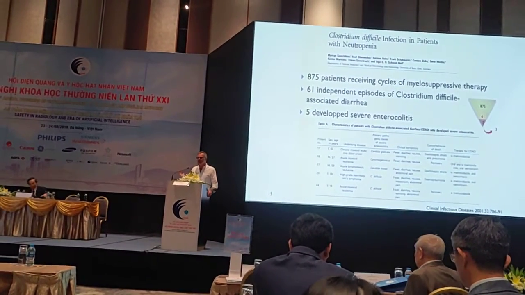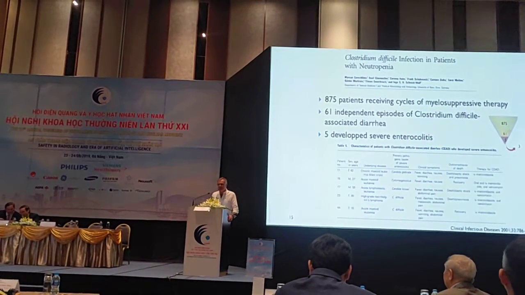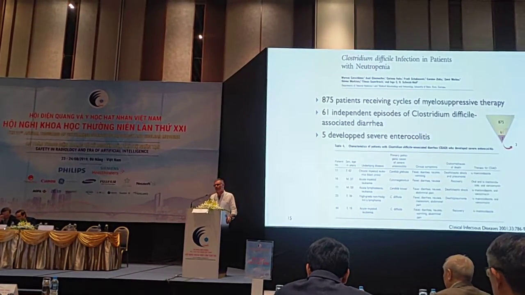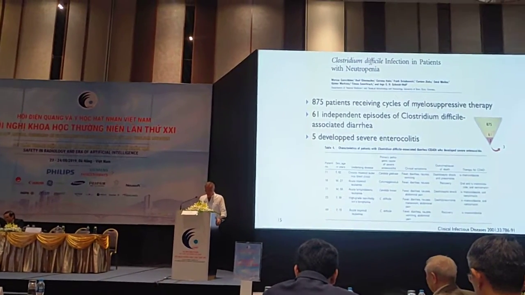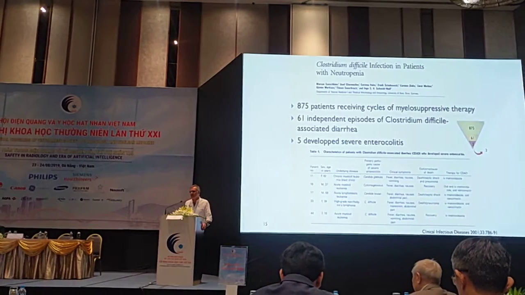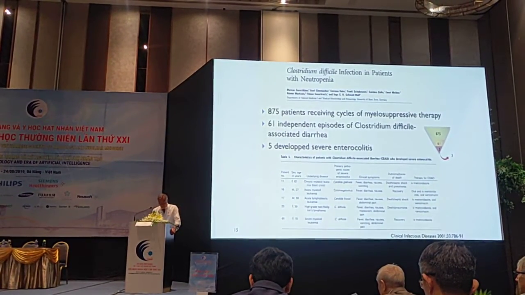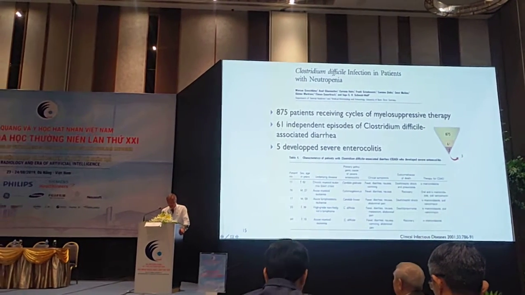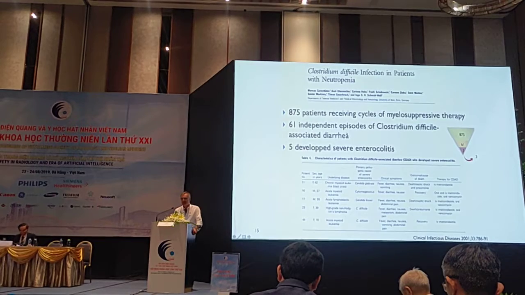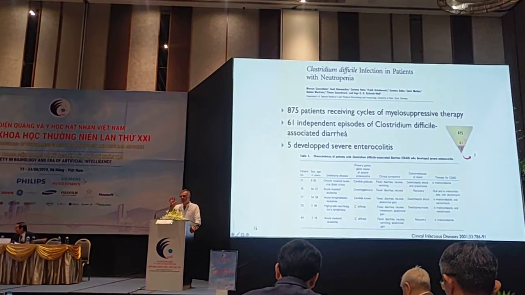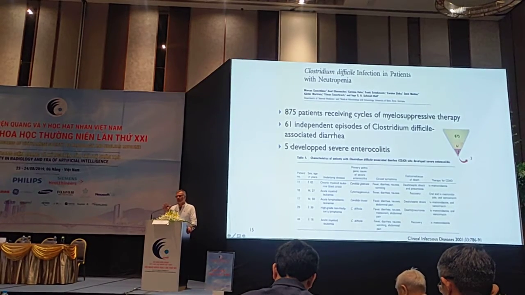And this is an interesting paper published in Clinical Infectious Diseases, and they investigated almost 1,000 patients having received myelosuppressive therapy. In these patients, you see that only 61 had experience of Clostridium difficile associated diarrhea. But in this subgroup, only 5 developed severe enterocolitis.